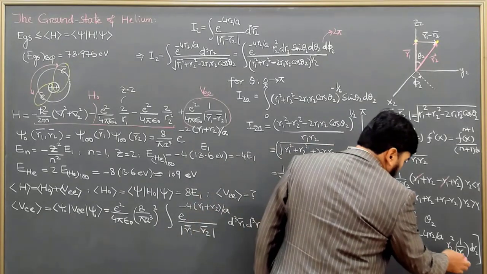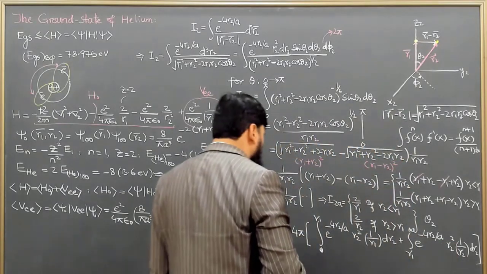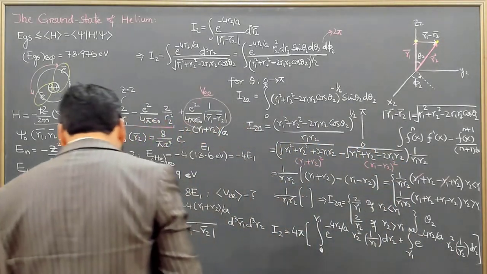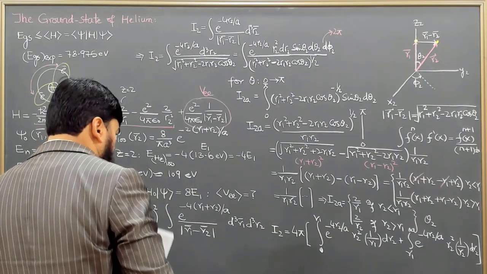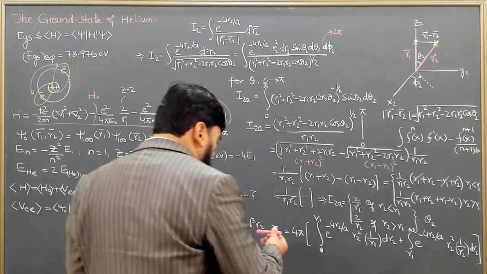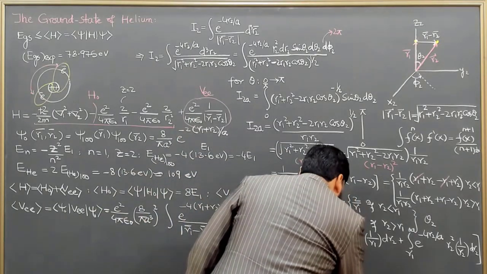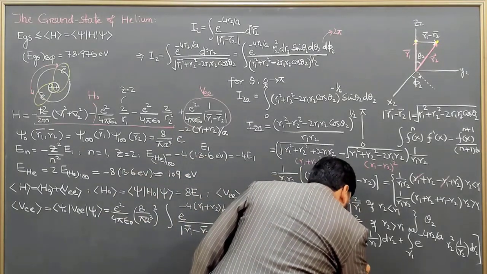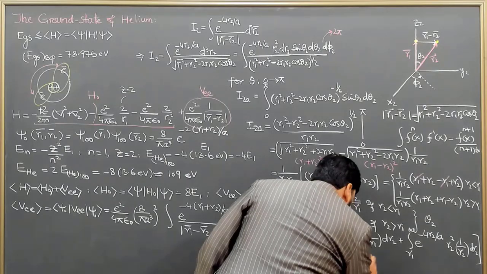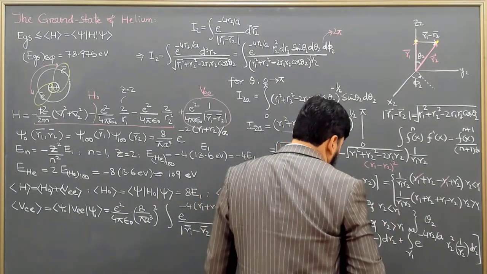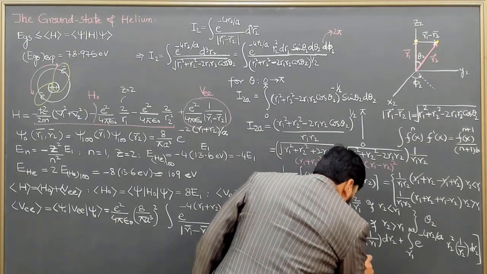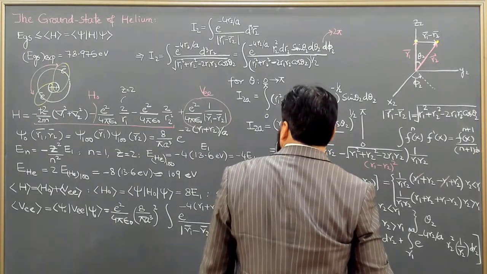This will become R2 square. 1 will simplify with this, and we will have the value of this. Now solving this integral, I can call it I2, and instead of B, even I can call it AB.